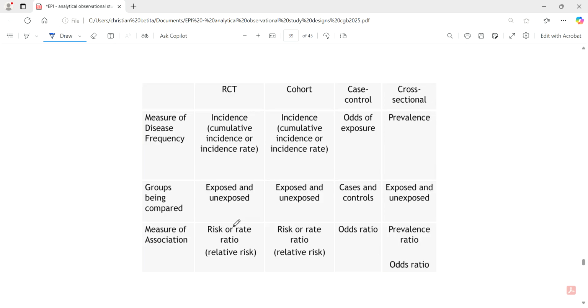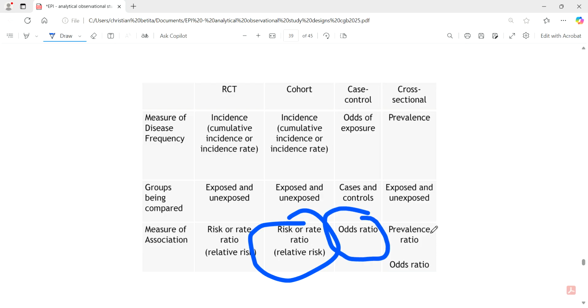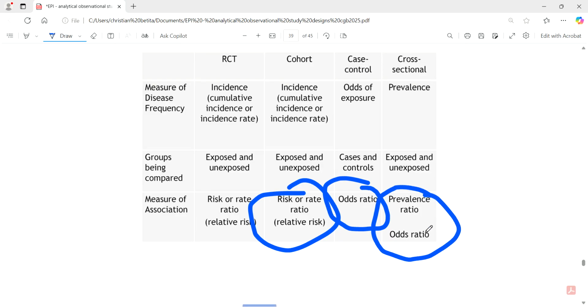All right, so this is just a summary of the measures of association. So in cohort, the measure of association is relative risk. In case control, the measure of association is odds ratio. And in cross-sectional studies, the measure of association is your prevalence ratio or your prevalence odds ratio.